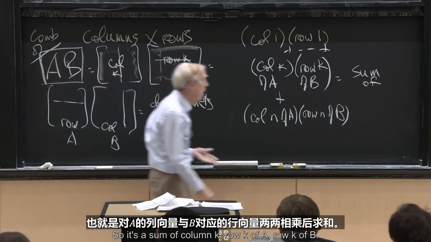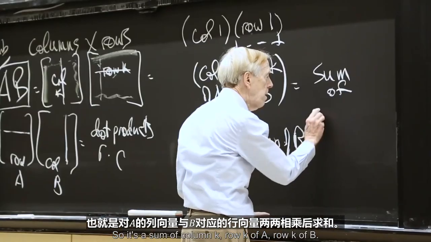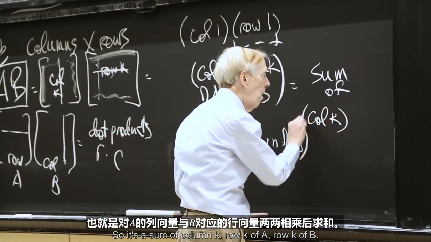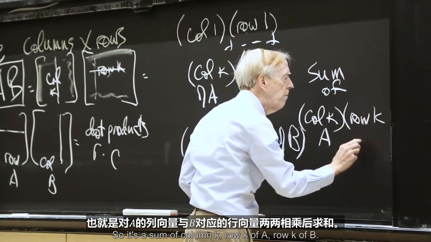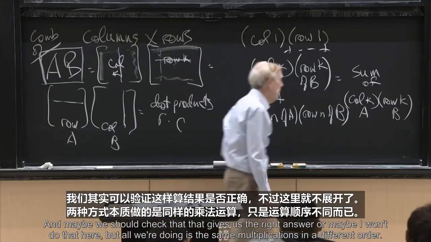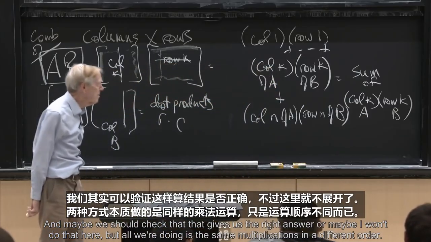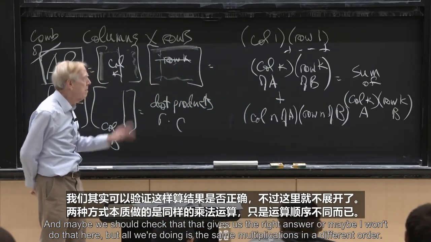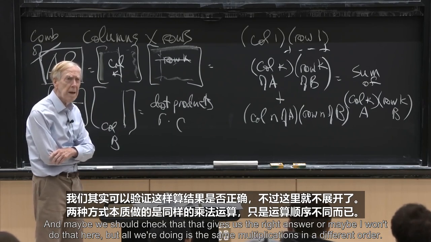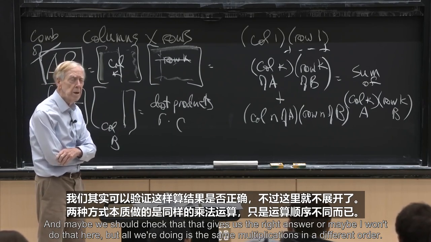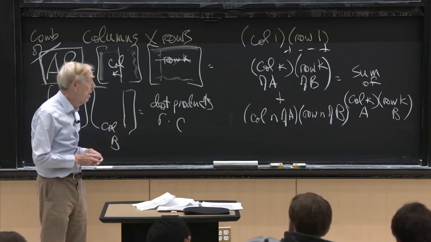So it's the sum of column K of A times row K of B. And maybe we check that gives us the right answer, or maybe I won't do that here, but all we're doing is the same multiplications in a different order.